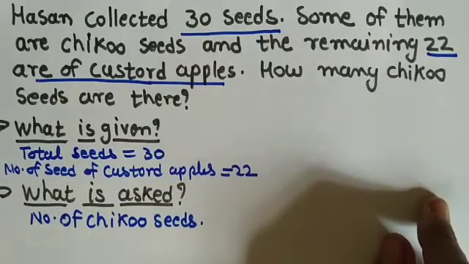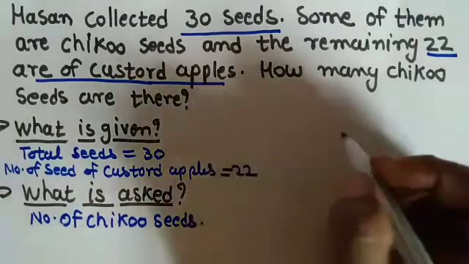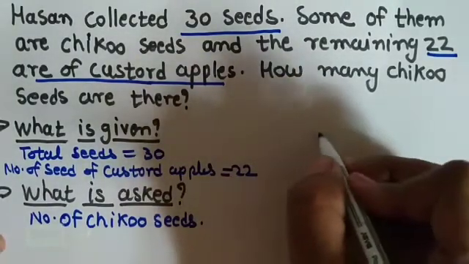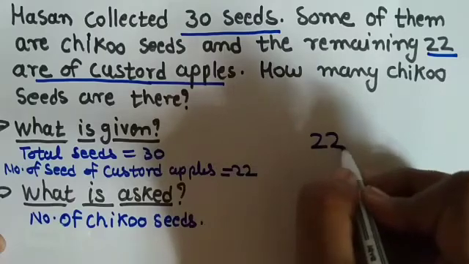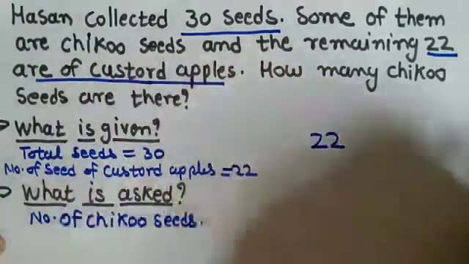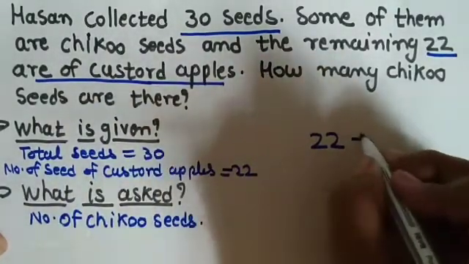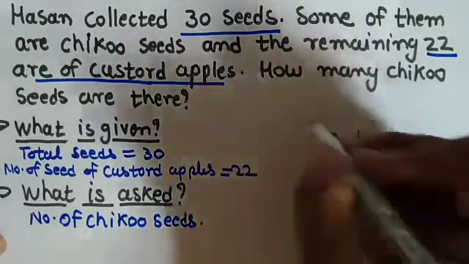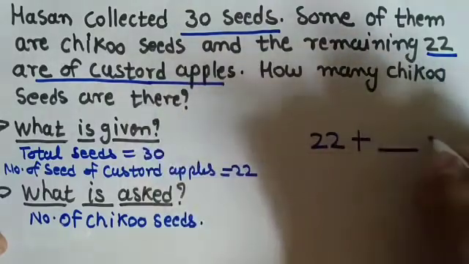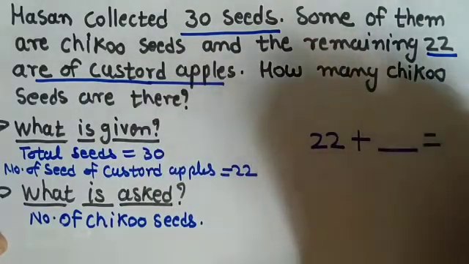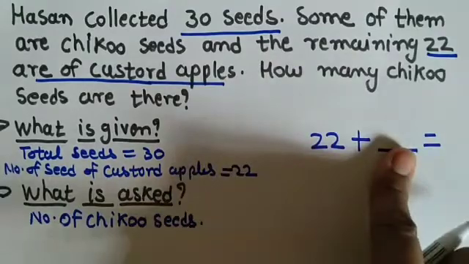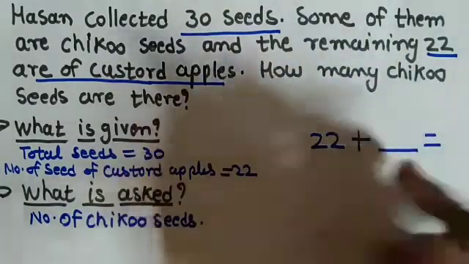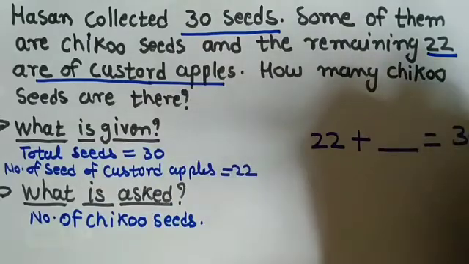So children, how to find out that? Let's see. Here we have 22 custard apple seeds, and if you are adding with chiku seeds, but we don't know how many chiku seeds there are, and the total of these both seeds is 30.